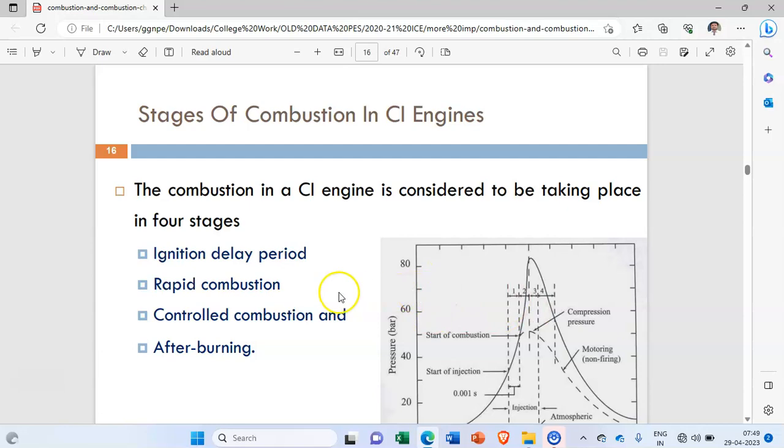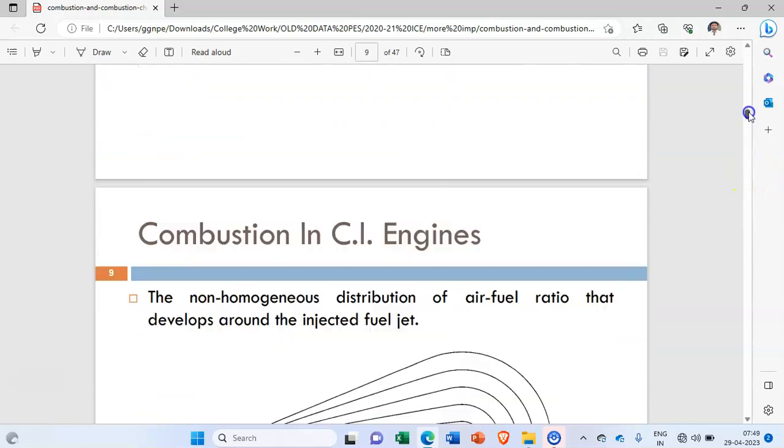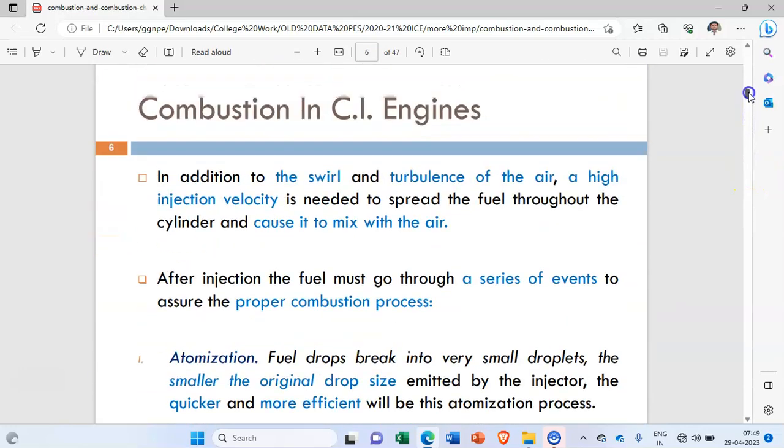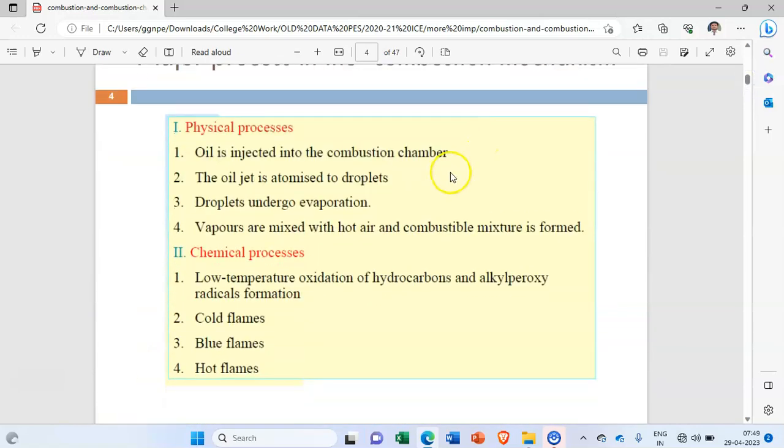The first is called the physical process, and the second is the chemical process. So what is this exactly? What is exactly happening in this particular combustion? These are the two main important processes in CI combustion.